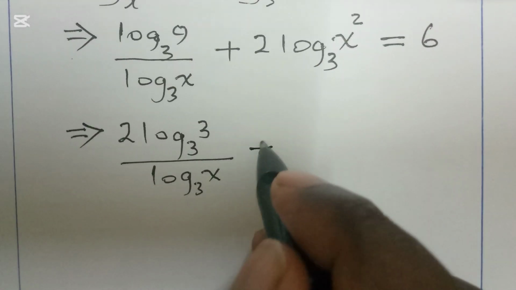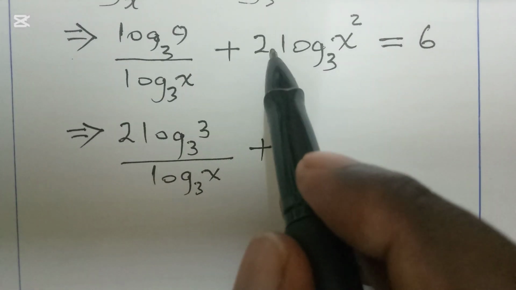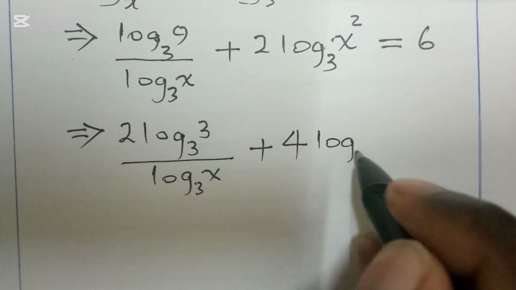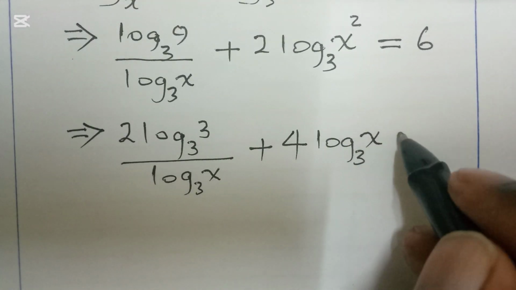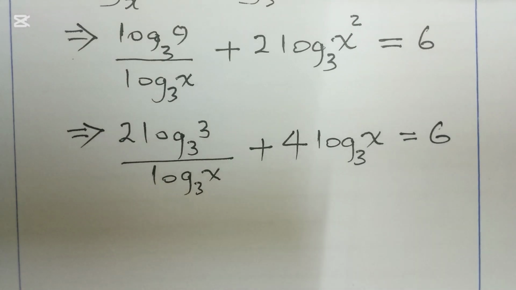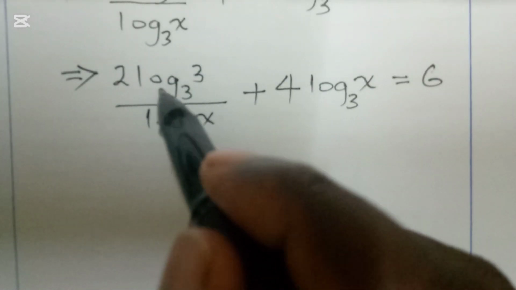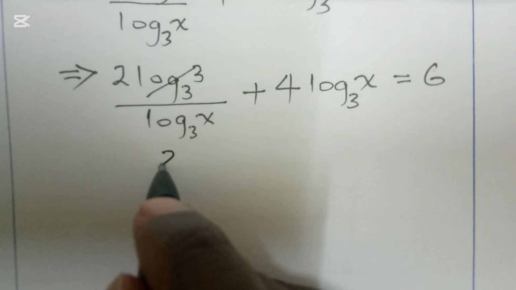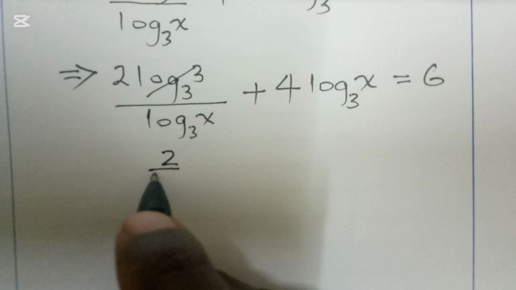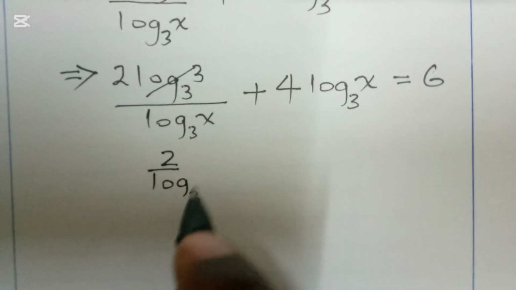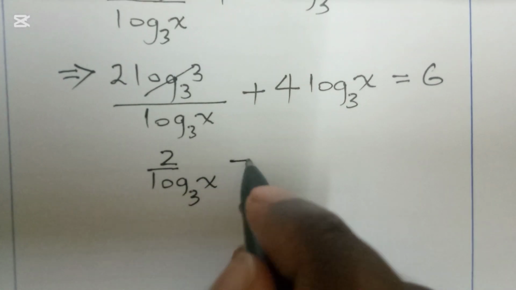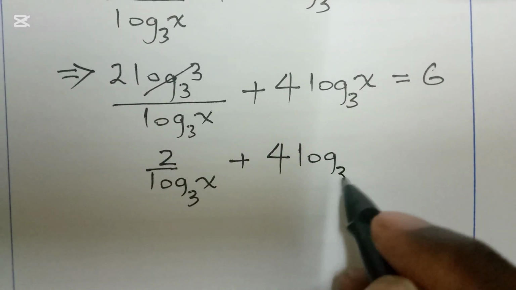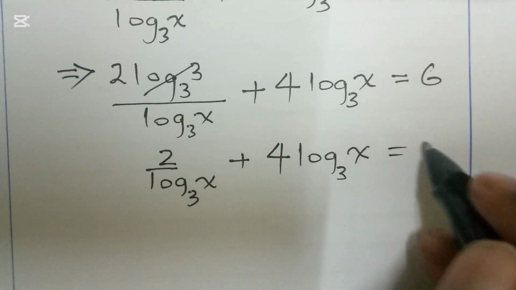Now for the other term I can put my 2 here, so you have 4 log to base 3 of x, equals 6. From there we can cancel: log to base 3 of 3 is 1, and we are left with 2 all over log to base 3 of x plus 4 log to base 3 of x equals 6.